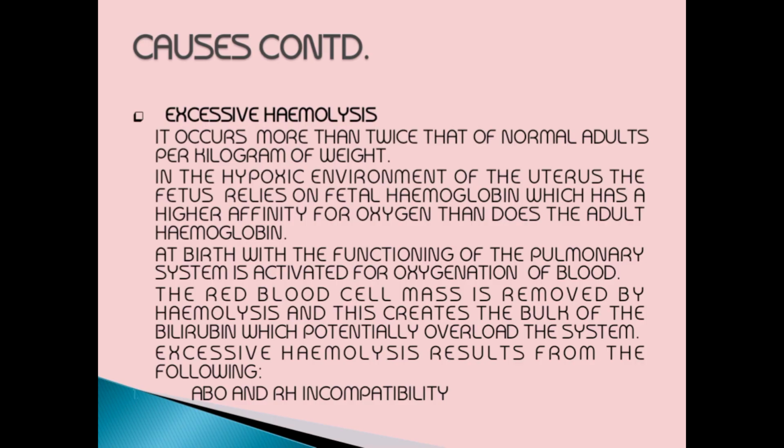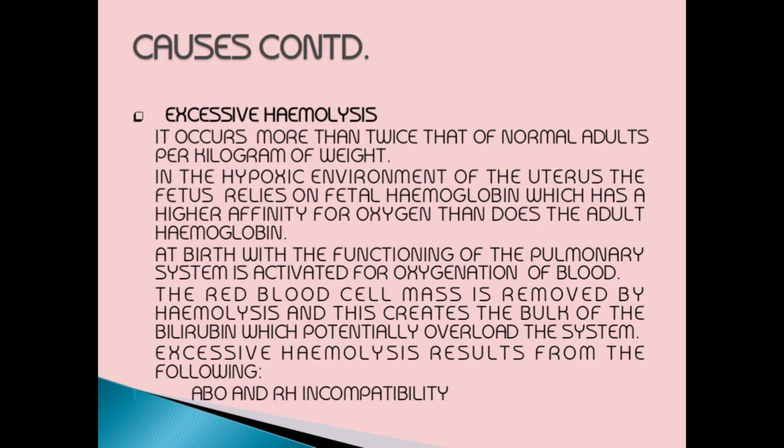Oxygen. So to be quick on this point, excessive hemolysis, where there will be excessive red blood cell destruction or breakdown, will lead to excessive production of bilirubin, hence causing an increase. So that is about that.